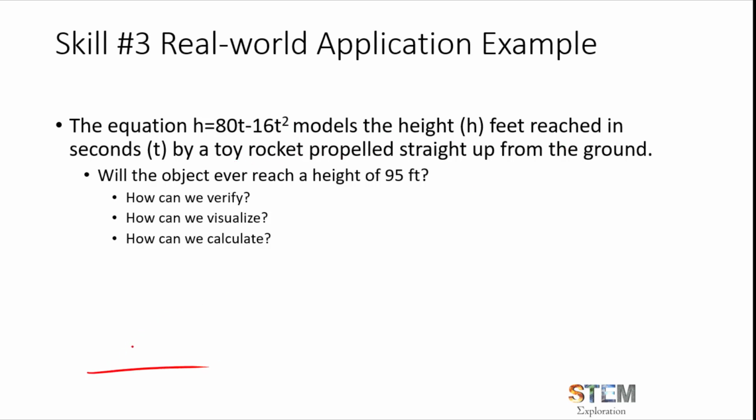So we have the ground, you are here, and you are setting up this rocket, and you shoot it up in the air, propelled straight up from the ground. And this parabola is modeled by h equals 80t minus 16t squared.